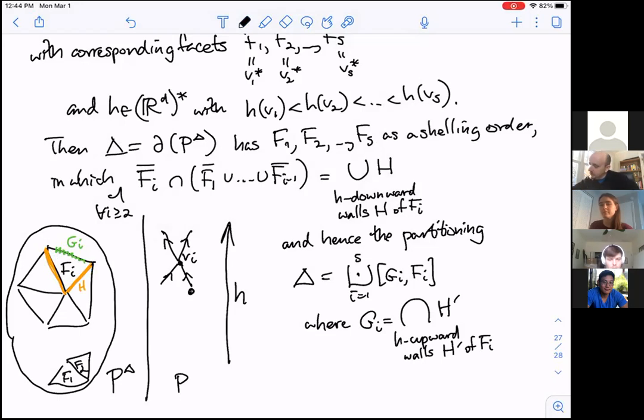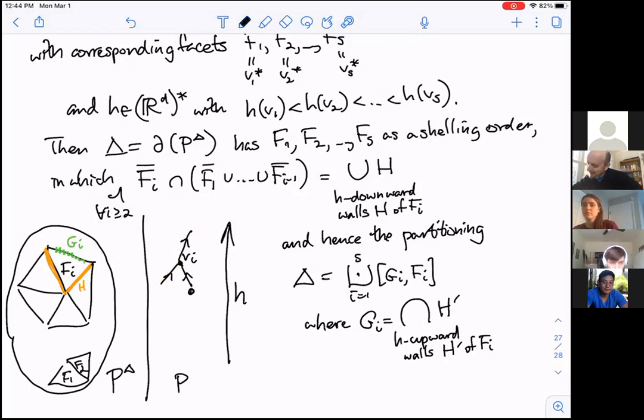So maybe in this example, I really did this inaccurately. It looks like here, because these are triangular faces, that means these vertices all have degree 3. If there are 2 downward walls, there's only 1 upward wall, where the value of the function is going up when I look at the dual vertex.